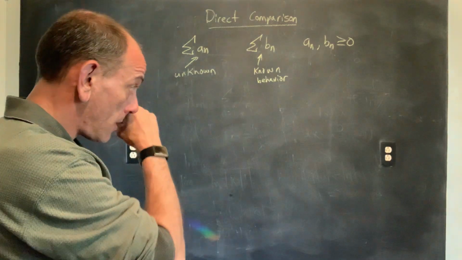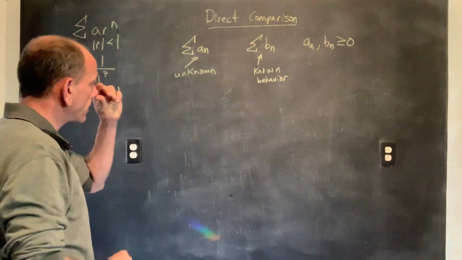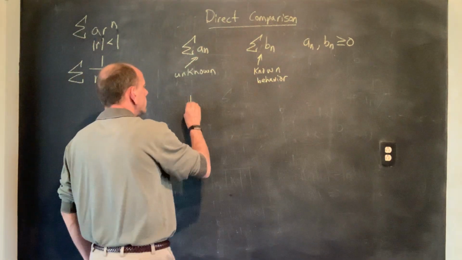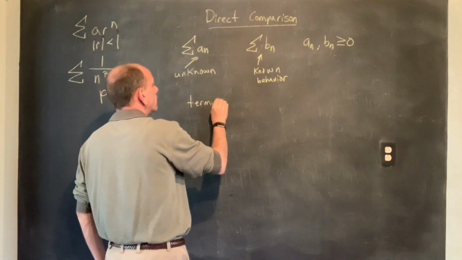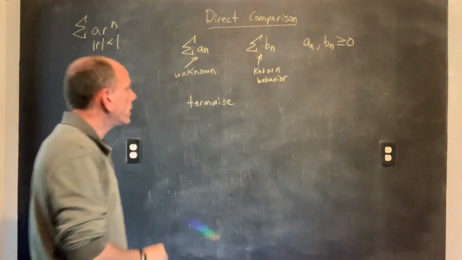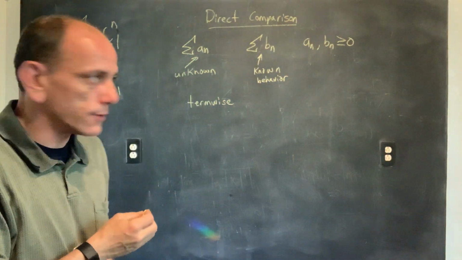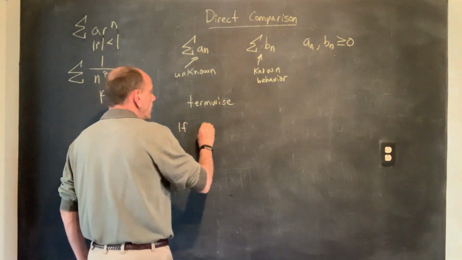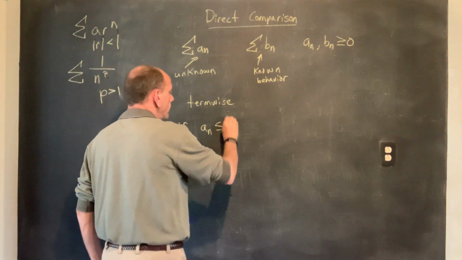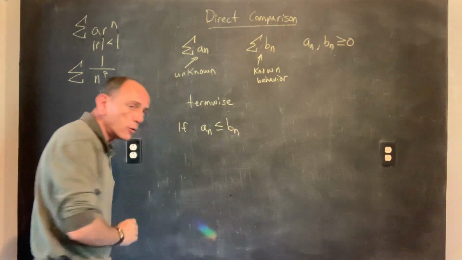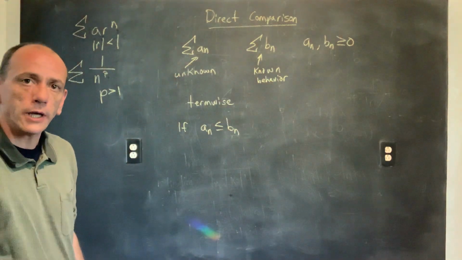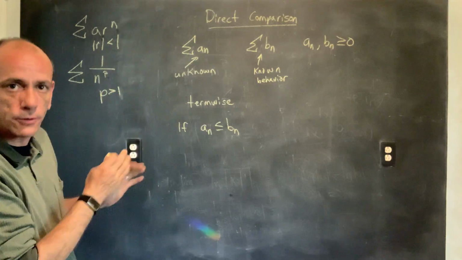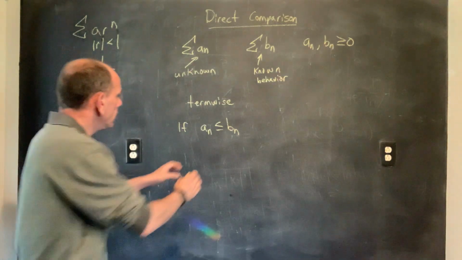What our goal is with direct comparison is a term-wise comparison. I want to compare the actual terms of these sequences. I say, okay, if A sub n is less than or equal to B sub n, this is term-wise, literally the terms that I'm looking at, not worrying about adding them all up, just literally looking at the terms.